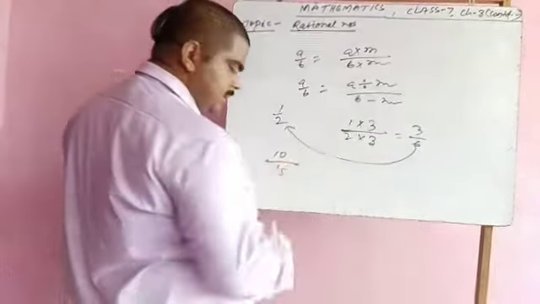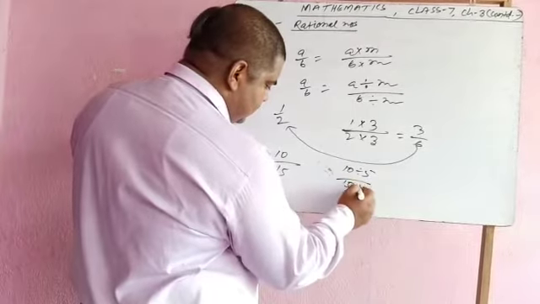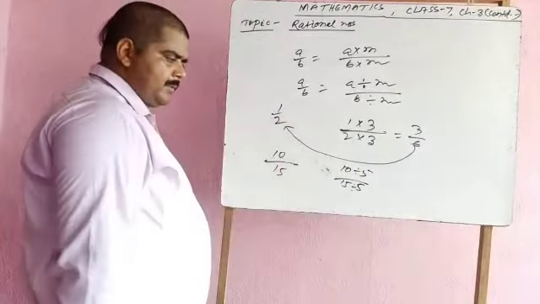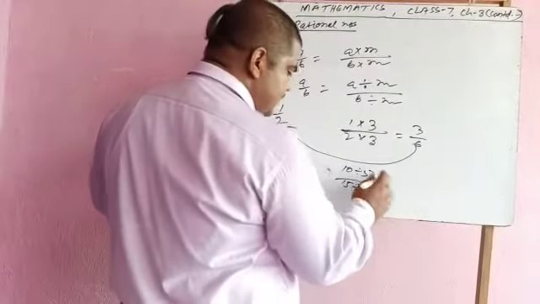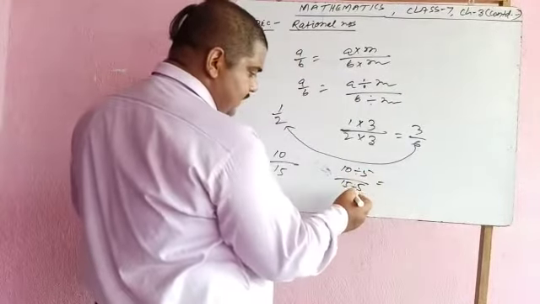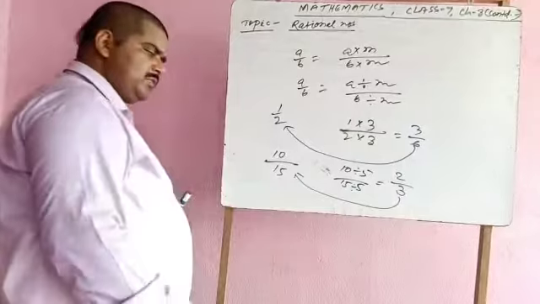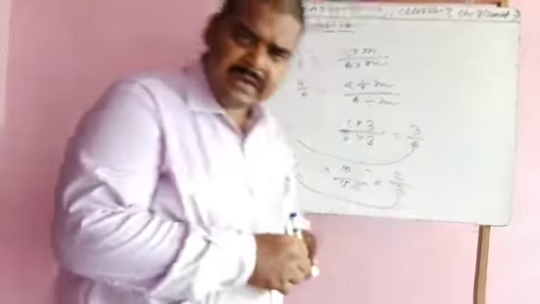If you divide its numerator and denominator by 5, 10 divided by 5 and 15 divided by 5, the result that you obtain is 2 upon 3, and 2 upon 3 is equal to 10 upon 15.